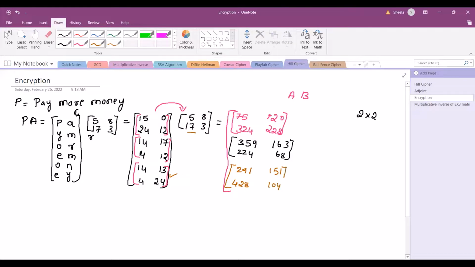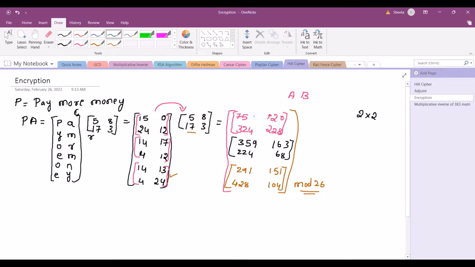So using calculator matrix multiplication, we have done the multiplication. And since the values are out of range, what do we have to do? We have to take mod 26. So when we take mod 26, we will be getting the result.